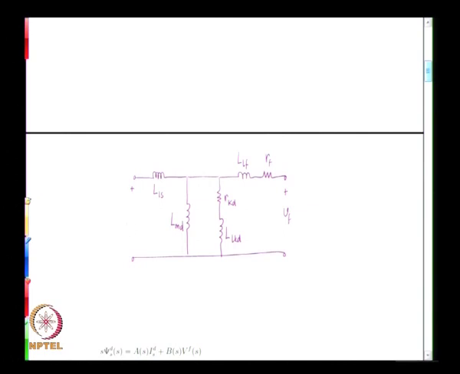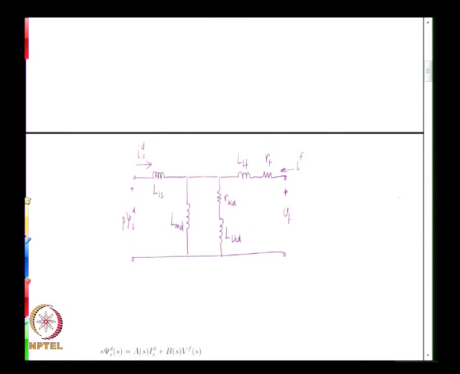This voltage is nothing but P psi ds. So, if we look at this equivalent circuit, we see that there is current flowing here, this is Ids, and there is current flowing here, this is If. Vf is the source of excitation that is given here.